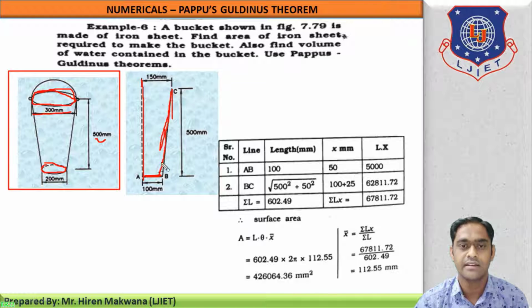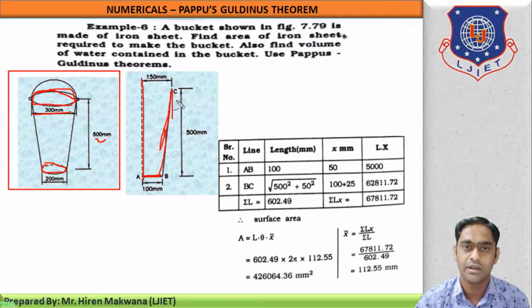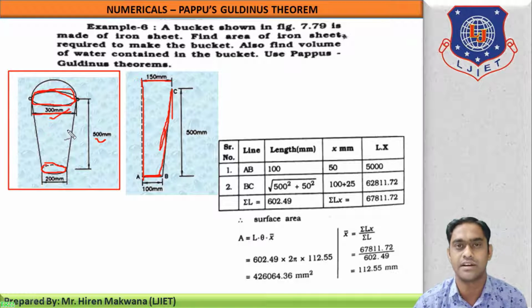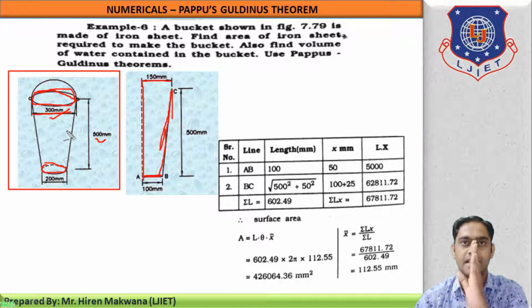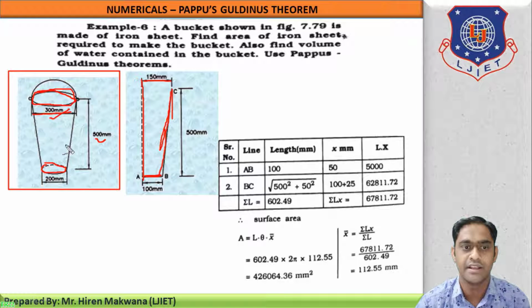This inclined line length is not given. For that, you can see this upper length is 150 mm from the rotational axis, which is equal to half of this 300. Okay, semi-vertical figure, only one side. Half of this lower diameter 200 is this 100 mm. So the remaining gap, you can see this vertical height will be 500 mm, and this base of the smaller triangle will become 50.